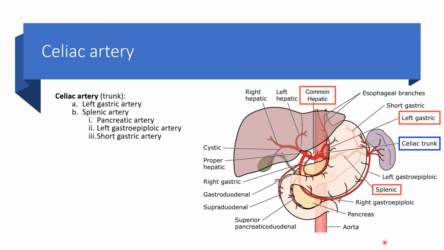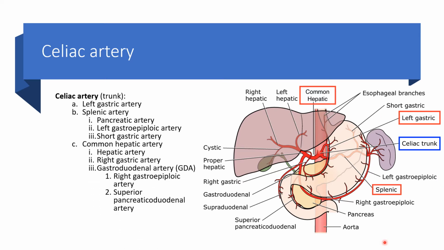of which there are usually multiple short gastric arteries, and of course the common hepatic artery, which gives rise to the hepatic artery proper, the right gastric artery, and the gastroduodenal artery, which also gives rise to the right gastroepiploic artery, and the superior pancreaticoduodenal artery.